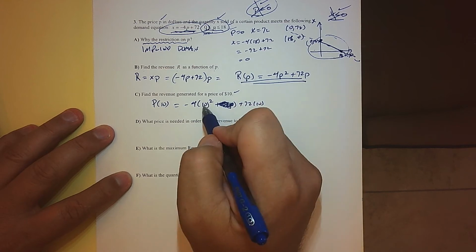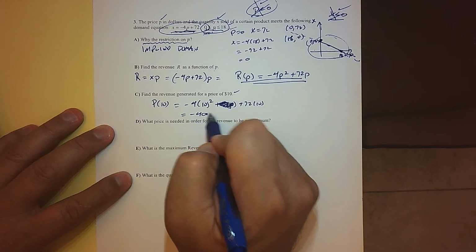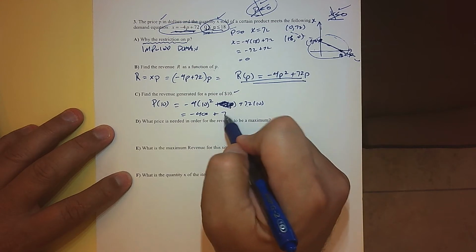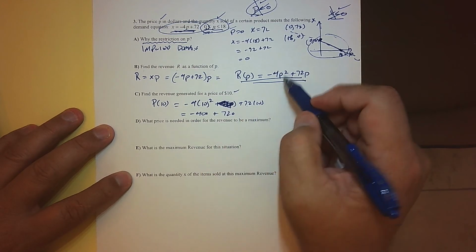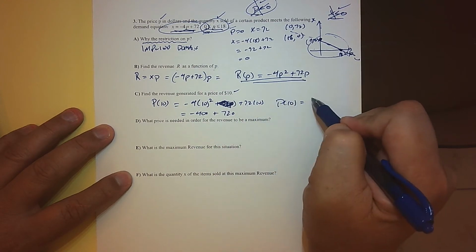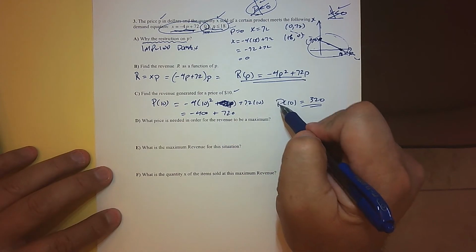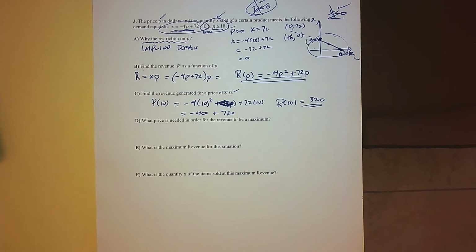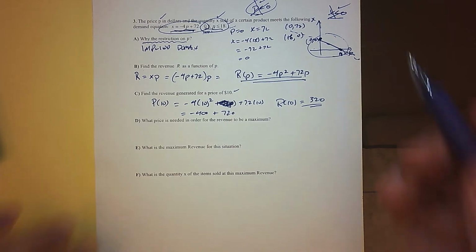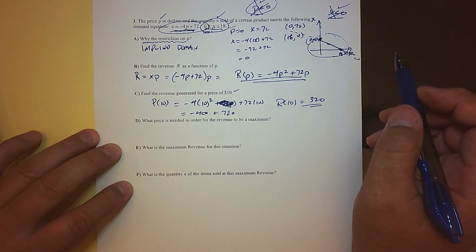Sorry about that. This is 100, so this is negative 400, and 72 times 10 is 720. So R of 10 is 320. My revenue for a price of $10 is 320. Again, we'll just assume that's in dollars. Okay, so there's part C.